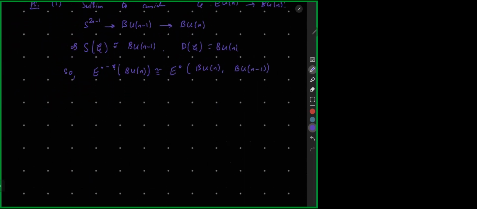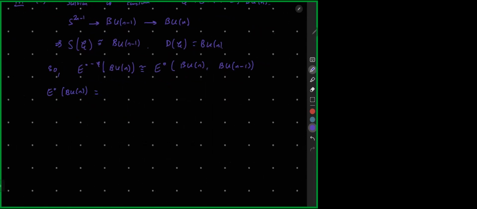Well, recall from Amartya's talk that the cohomology of BU(n) is going to be the power series ring E^* on some generators c_1 up to c_n.